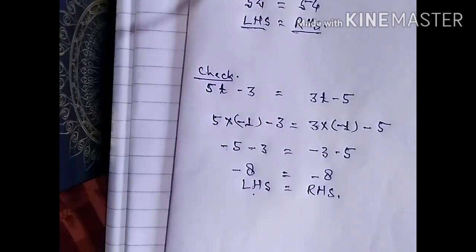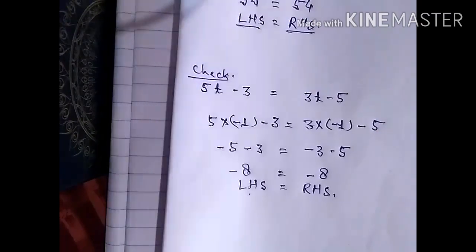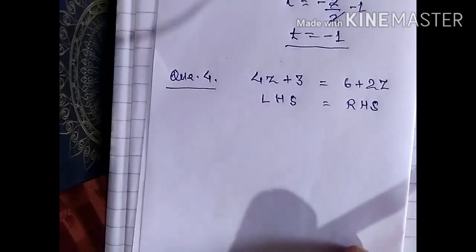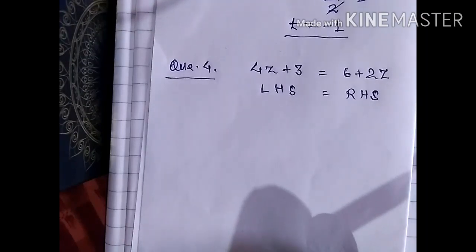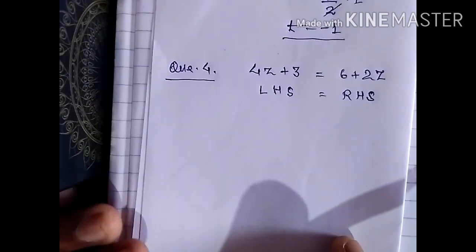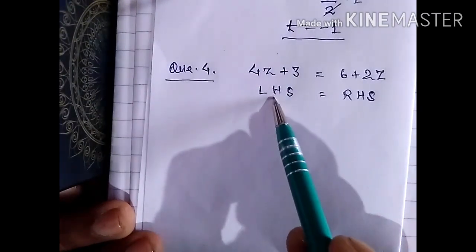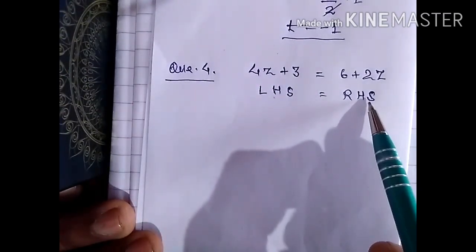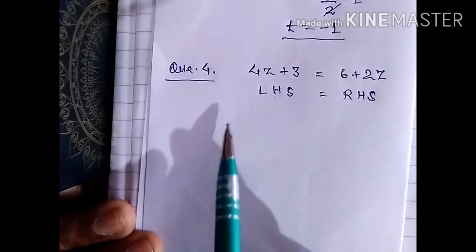Now we have to solve question number 4, student, and question number 4 is 4z plus 3 is equal to 6 plus 2z. This one is the left hand side and this one is the right hand side of the equation, student.